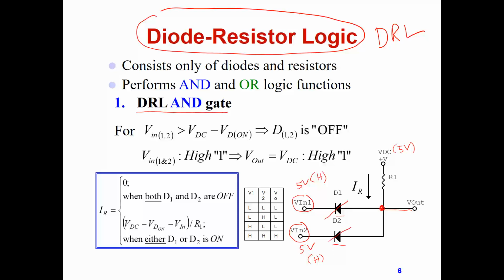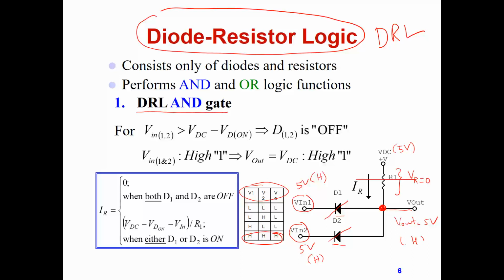If the diode is in off state, then the inputs are disconnected from this node. There is no current, so we assume that the current through the resistor is 0. Therefore, the differential voltage through this resistor is 0, and therefore Vout equals 5 volts, which means it's a high voltage. So this table basically gives me the different variations for the inputs and outputs.